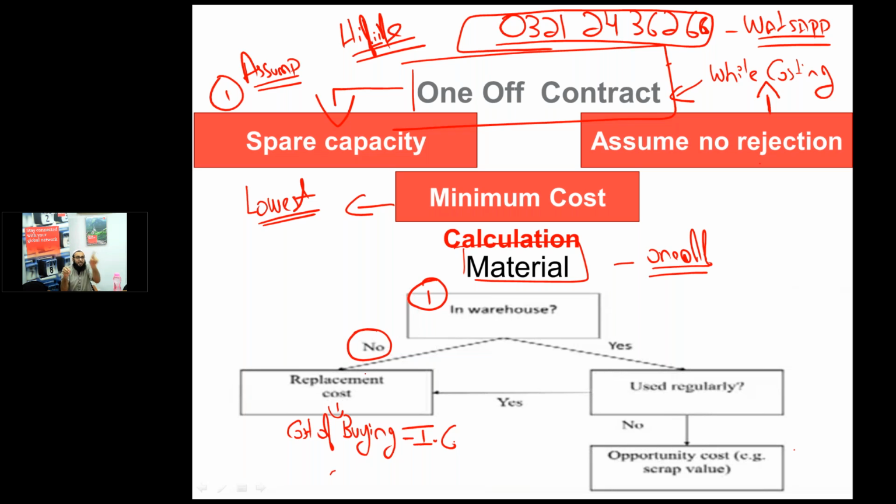The rule of 5 is everything. So I'm creating a link of every possibility with the rule of 5. So the cost of buying will be the incremental cost, because if you are buying the material for the one-off contract and you don't have it available, the relevant cost will be the cost of buying. Got it?